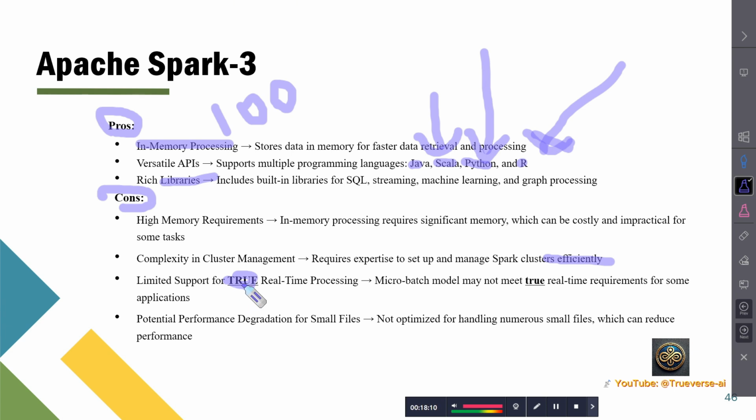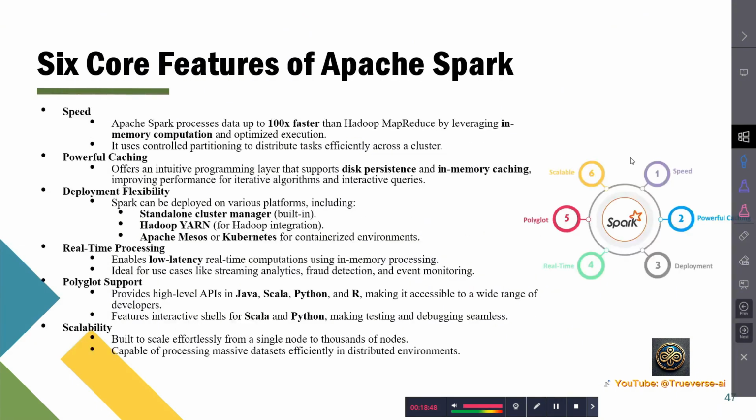If changes and processing happen within milliseconds, then that is challenging, and you need to go for other technical tools. Another disadvantage is that Spark is not optimized for handling very small files, and this reduces Spark's performance.